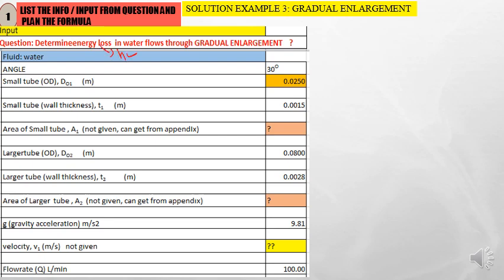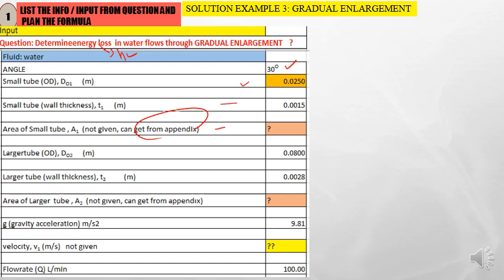The question provides the angle of the gradual enlargement, the cone part, which is 30 degrees. The smaller tube is 0.025 with the wall thickness given, and the area is not given, but we can get it from the appendix.